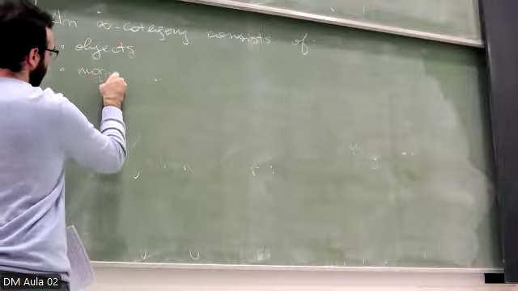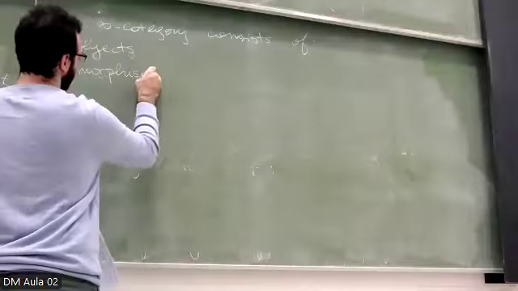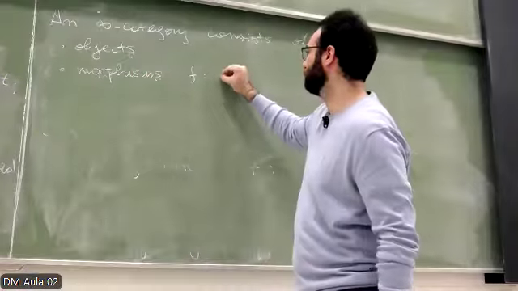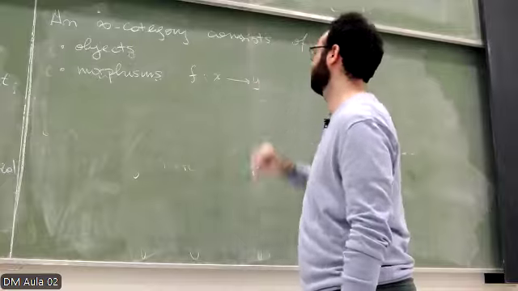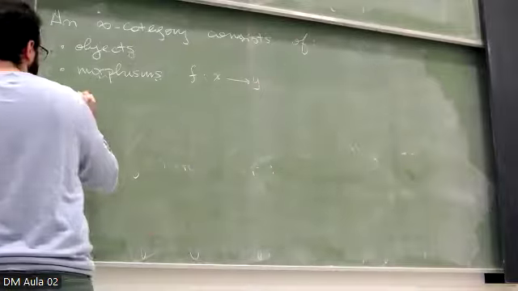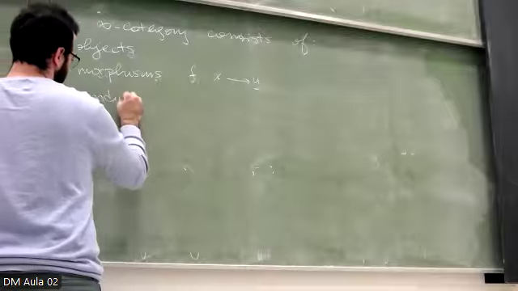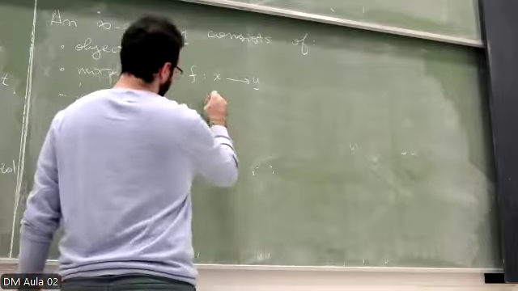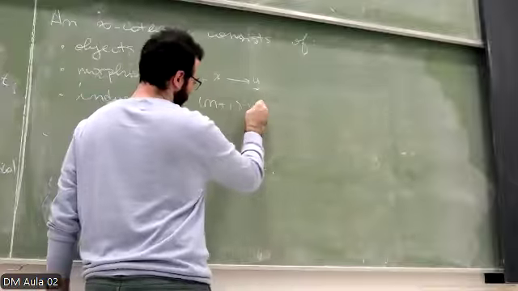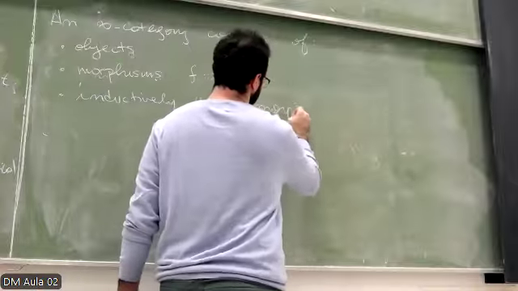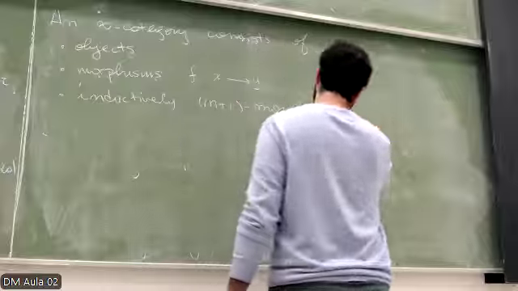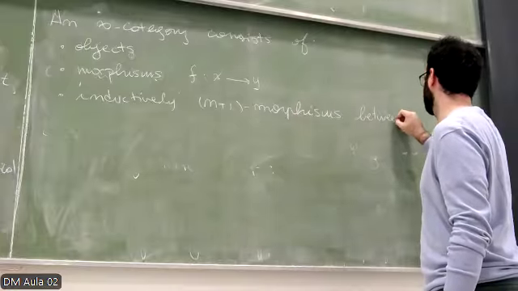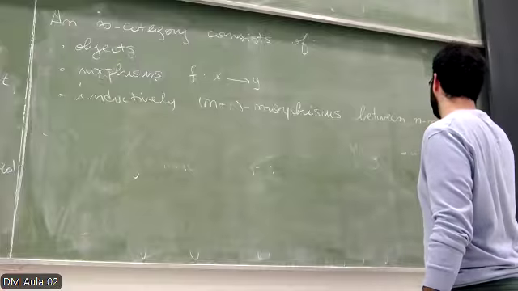We should have morphisms. And then we should have inductively n+1 morphisms between n morphisms.